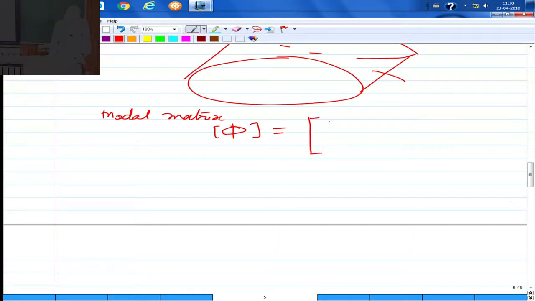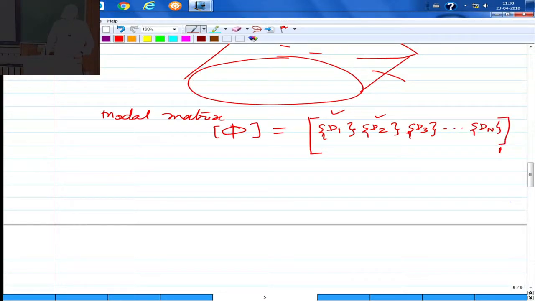So this would consist of d1, d2. Each eigenvector you take and put as one column. So d1 is the first column of this matrix, d2 is the second column, d3, and so on.